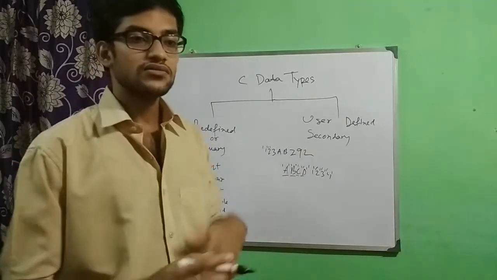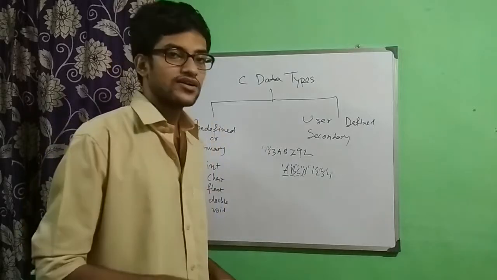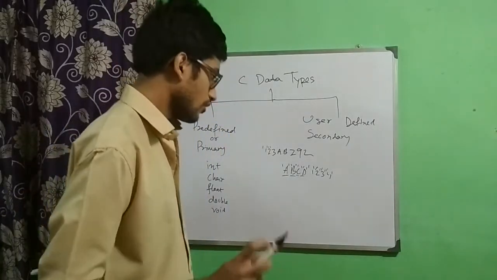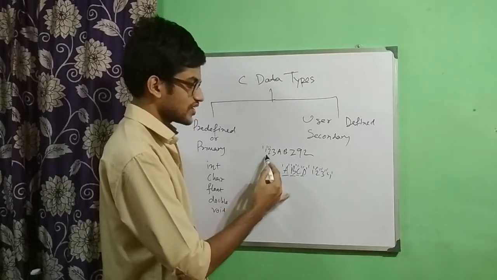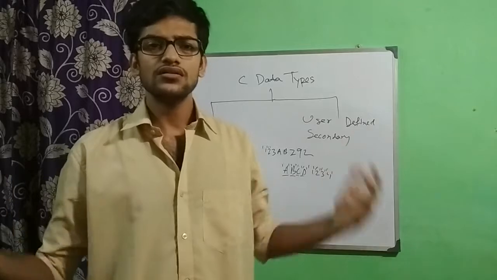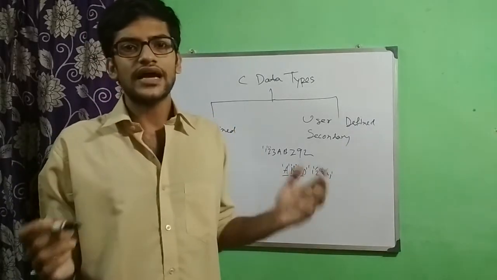What is an element, you will know when I teach you the array. In the array topic, you will know what an element is. But for now, just think of the collection of letters or numbers or special characters, which are actually characters.